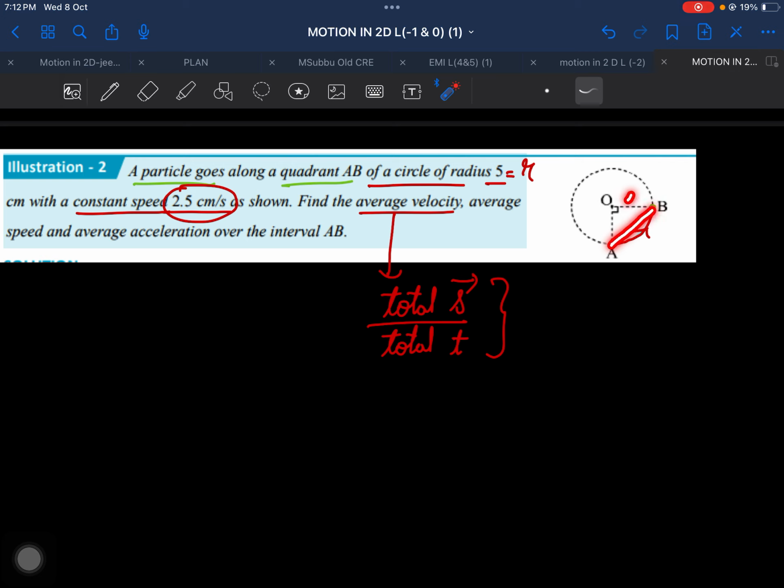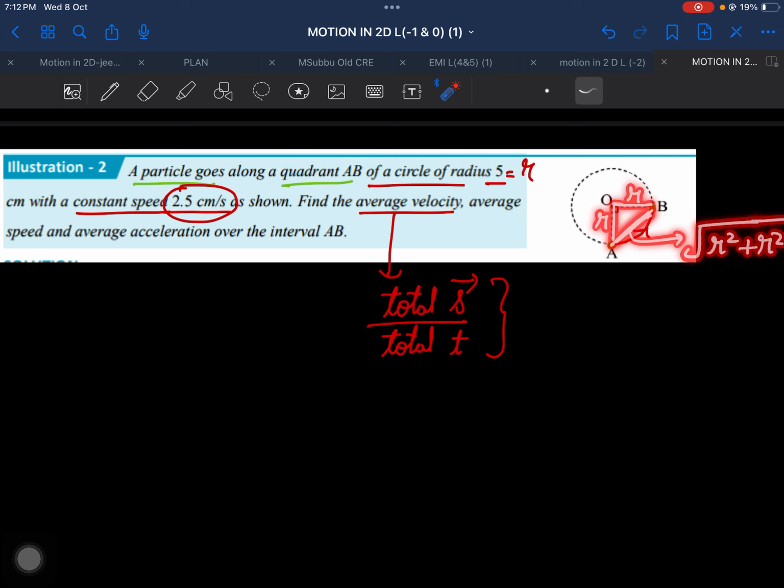If this is your r, and this is your r, then just think, what is this? From Pythagoras, this is your right angle triangle, so this will be under root r square plus r square.